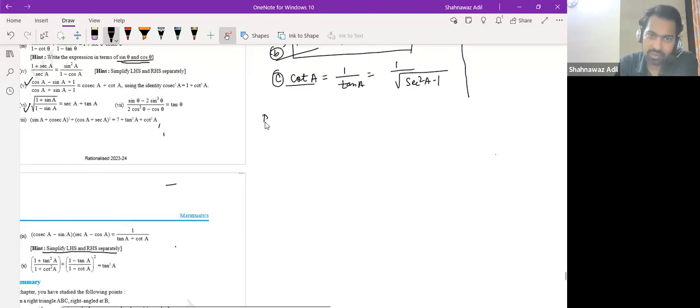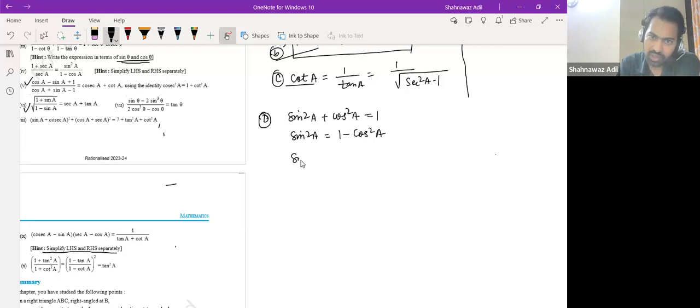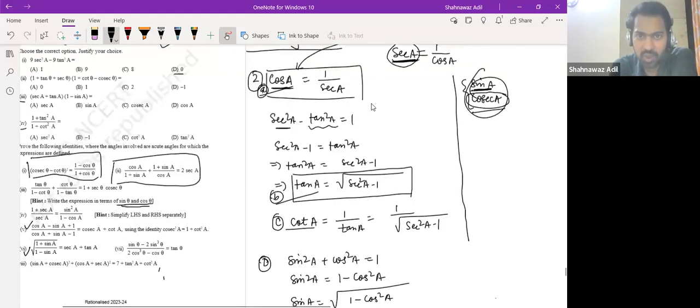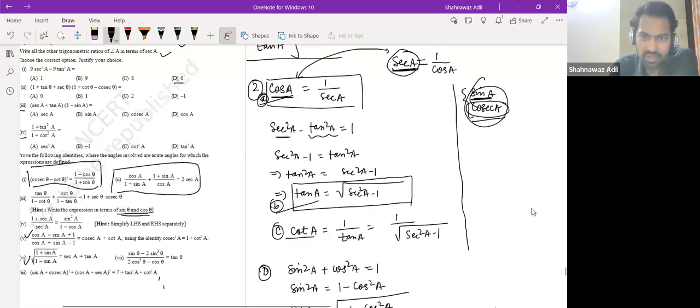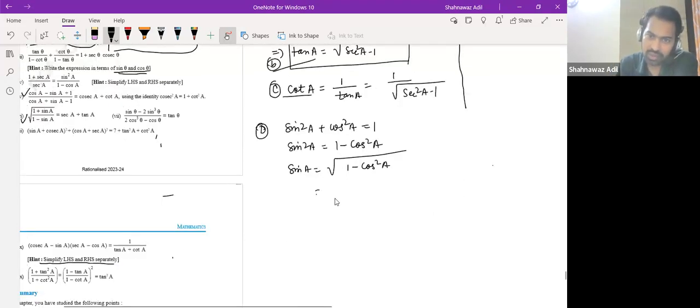So we have sine square A plus cos square A is 1. So sine square A is 1 minus cos square A. So sine A is root of 1 minus cos square A. And cos A is what? 1 by sec A. So this is 1 minus 1 by sec square A, right?